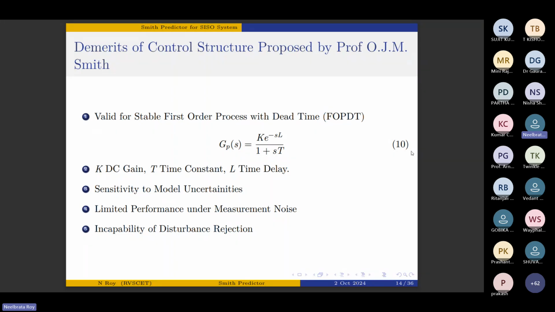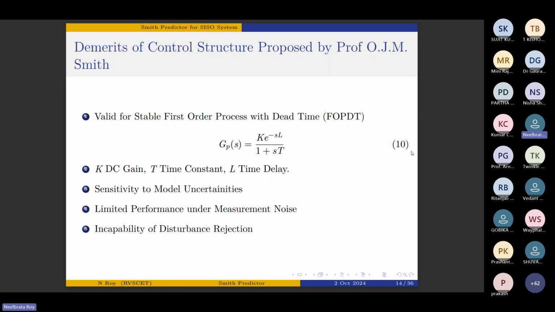That is, if the value of k changes by plus minus 20%, or the time constant changes by plus minus 20%, or maybe the delay changes by plus minus 20%, then the previously shown system doesn't give the desired output. Secondly, if somehow noise enters the system, the system doesn't have the capability to reduce it.